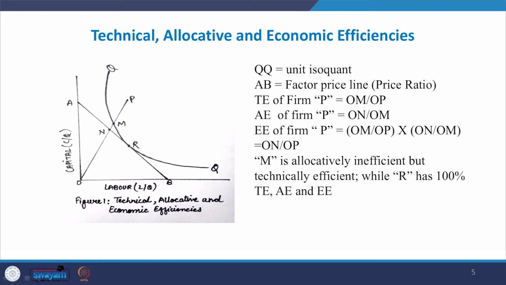Now, any point on the isoquant is known as Pareto optimal or technically efficient. So, in this graph M and R are two points on the isoquant, and they are technically efficient.